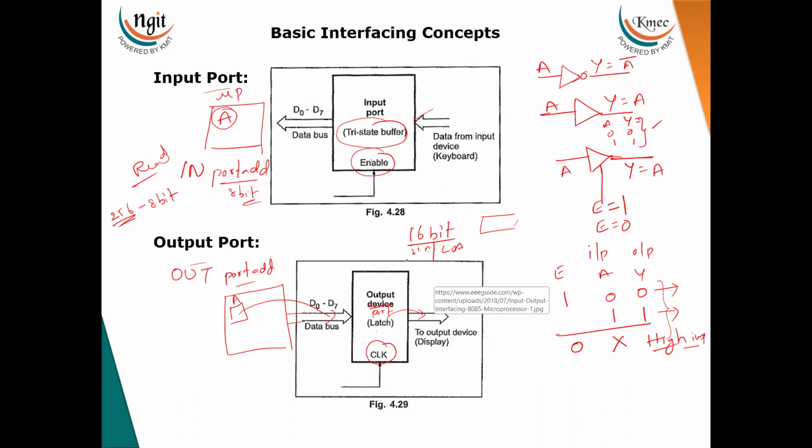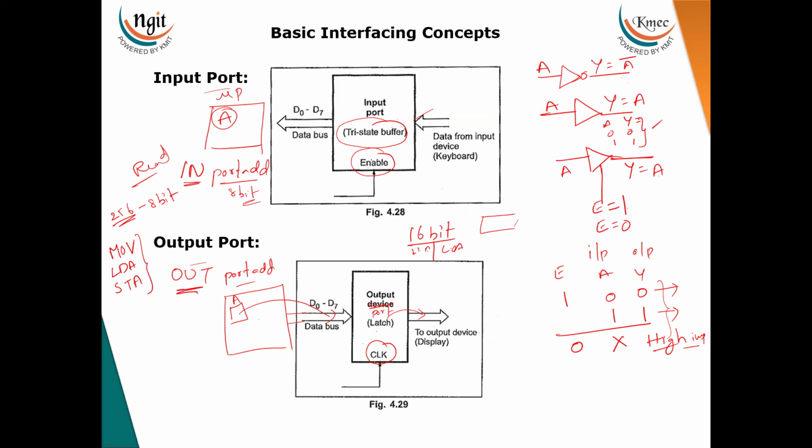Now you have seen that to transfer the data from the memory to the microprocessor, we have used the MOV instruction and LDA, STA, the load accumulator and store accumulator, and also SHLD, LHLD. These are the instructions we use to transfer the data from the memory to the processor. But here we are using separate instructions to transfer the data from the IO devices.